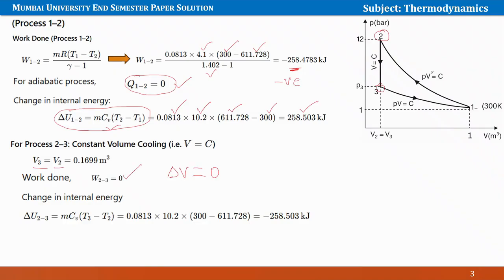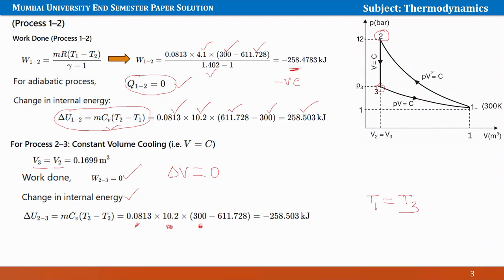Next is change in internal energy. So what will the change in internal energy be? Again apply the same formula, right? After putting in the formula, we will know that m is this one, Cv is this one, and T3 is 300. Why is T3 300? Because in the previous slide we found that T1 is equal to T3. Why?